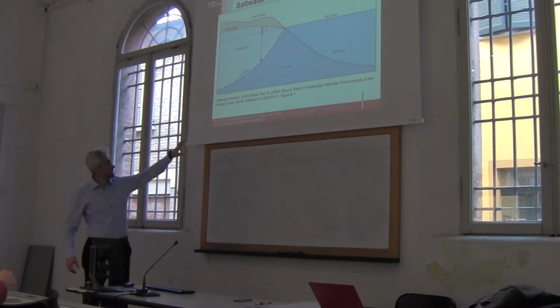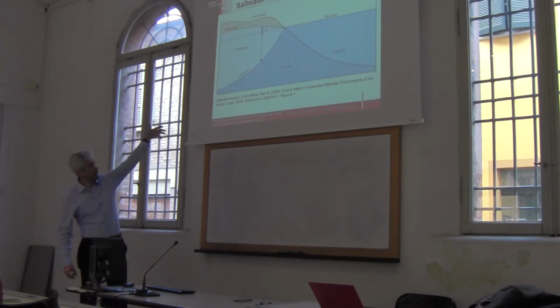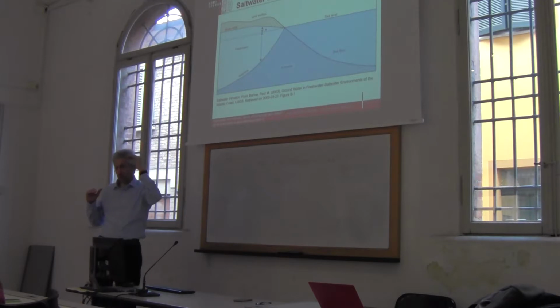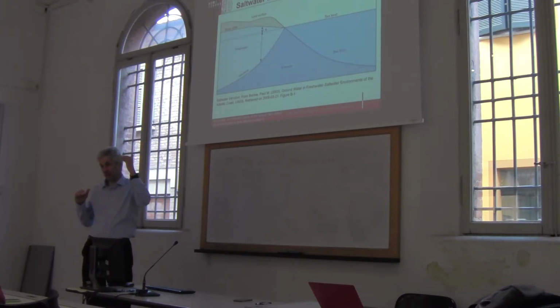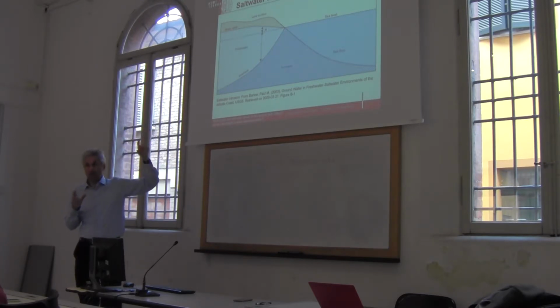And there is an equilibrium between the flow of fresh water and the intrusion of salt water. Fresh water is at a higher level with respect to salt water. Higher level because land is at a higher level, and in order to have a flow of water into the ocean, the fresh water has to be higher than the ocean.